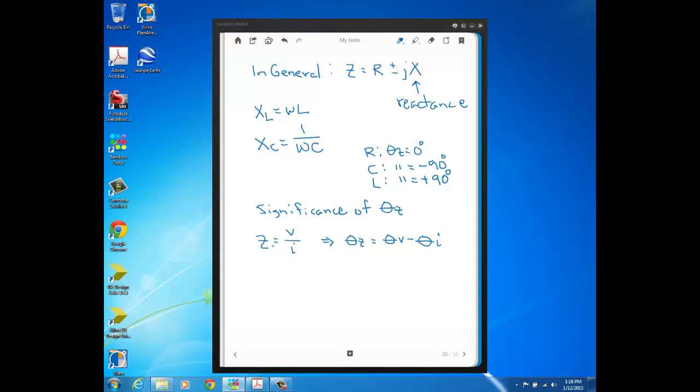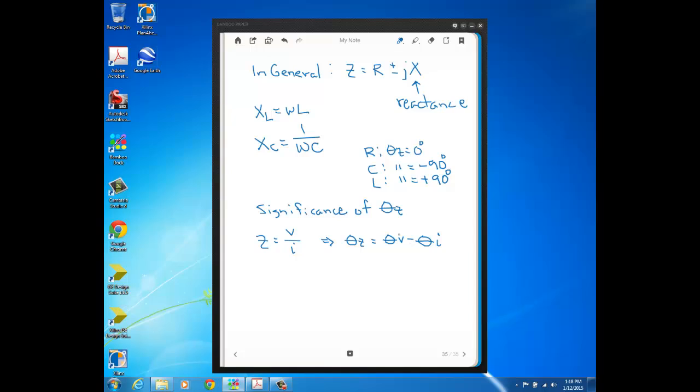Well, to get the resultant angle, theta Z, it would just be the numerator angle, theta V, minus the denominator angle, theta I. So you see, theta Z is just the difference between the angles of the voltage and the current for that impedance.